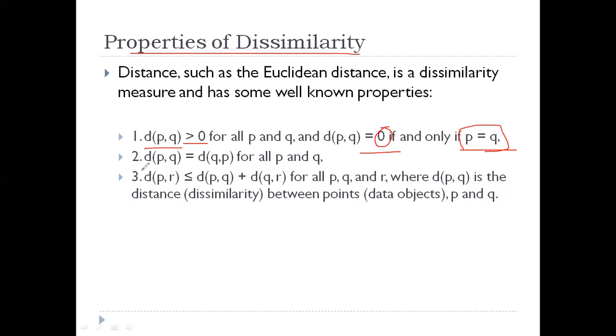The distance of P comma Q equals distance of Q comma P for all P and Q. The third property: distance of P comma R is less than or equal to distance of P comma Q plus distance of Q comma R for all P, Q and R, where distance of P comma Q is the dissimilarity between the given data points P and Q. These are the three properties of dissimilarity. This is about similarity and dissimilarity measures.